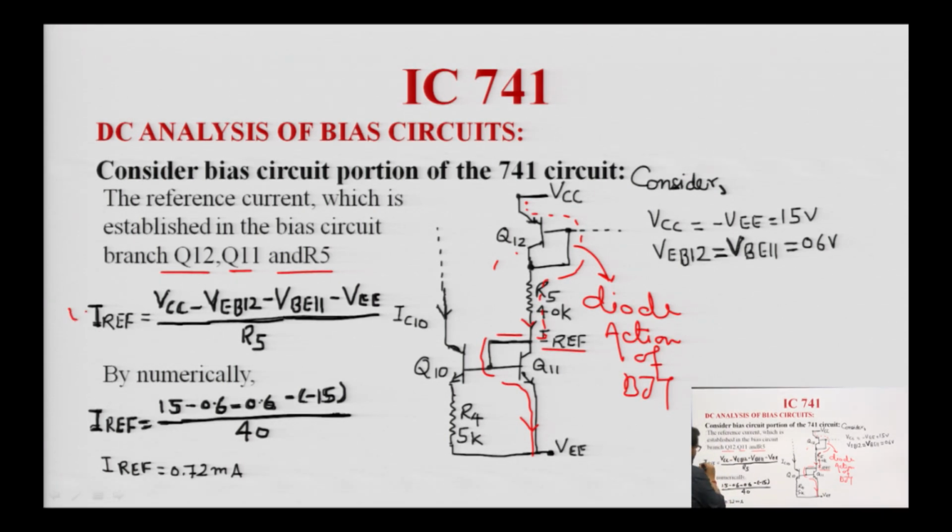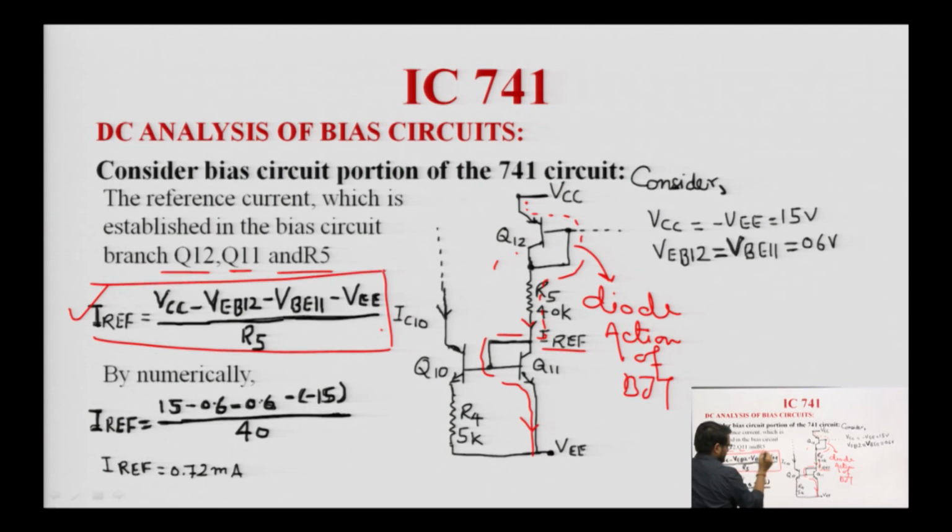So, we find this equation for IREF, following the outer path. Apply the KVL equation for this outer path, as we see in this slide. We get IREF equal to VCC minus VEB12 minus VBE11 minus VEE, divided by R5.